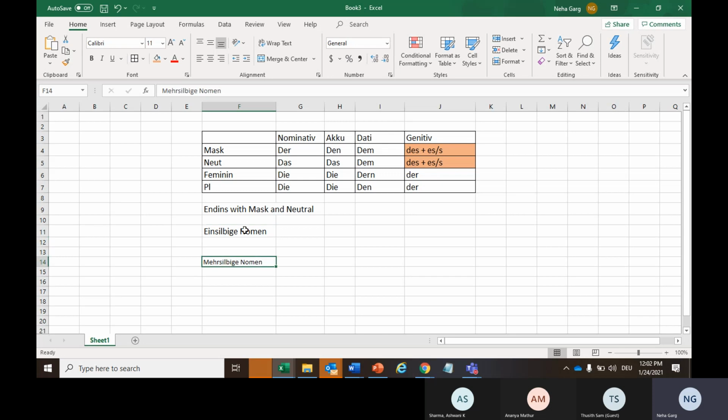So either we have einsilbige Nomen, or we have mehrsilbige Nomen. Silbige, in the sense of the syllables we have basically.